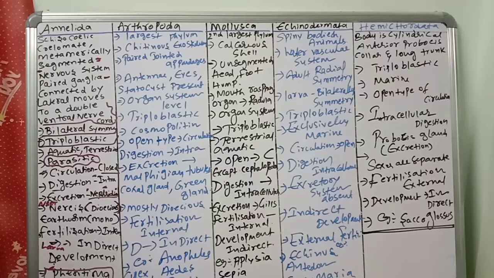But up to that, all these phyla, from Porifera to Coelenterata, Platyhelminthes, Aschelminthes, Annelida, Arthropoda, Mollusca, Echinodermata and Hemichordata, you should practice thoroughly for the best result.